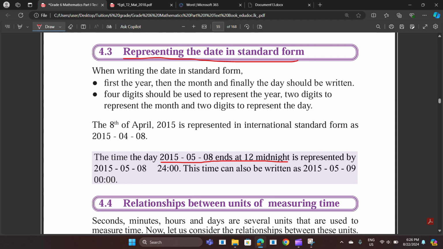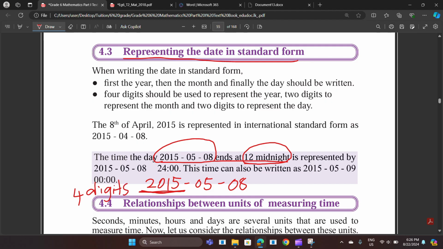We will represent this year. Okay, the date. Then we will go to our time. Okay, we are representing this. It is quite easy. Okay, in here to represent the year, you should use 4 digits. ඒ කියන්නේ numbers 4කින් මේක represent කරන්න ඕනේ year එක.